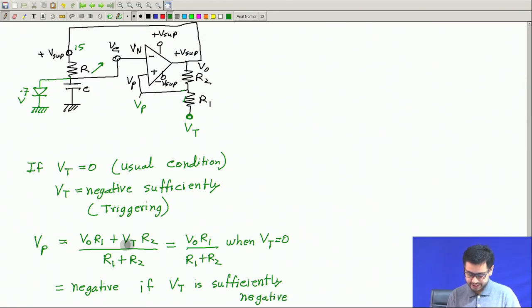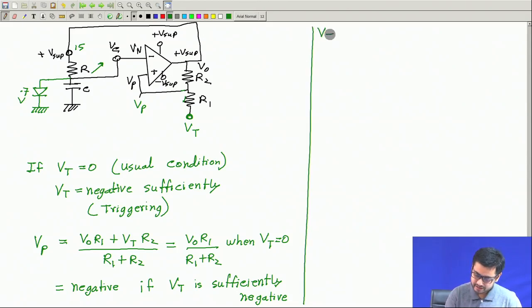So, if this is negative, then even if this is positive, if this is large enough compared to this, then the total combination can be negative, and when V p is negative, then this is lower than V n. So, then this can be lower than V n.